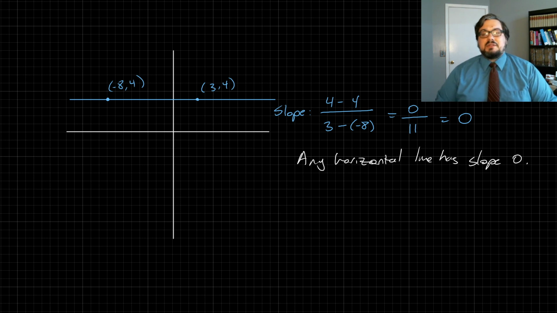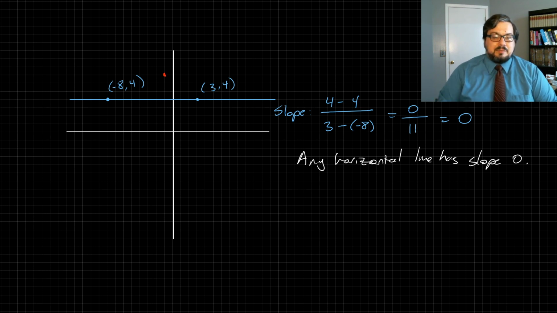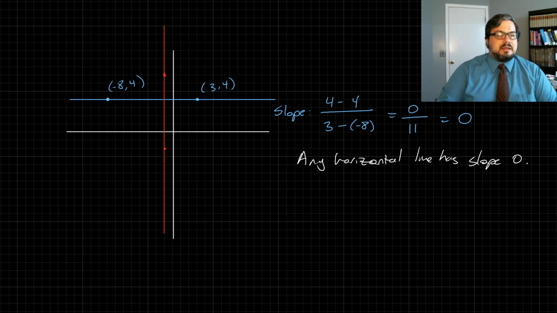Now let's look at vertical lines. Let me do the same sort of thing. Let's get one example, and we'll see that the example we choose will explain everything about the situation. So we've got the point -1, comma 7. And we have the point -1, comma -2.